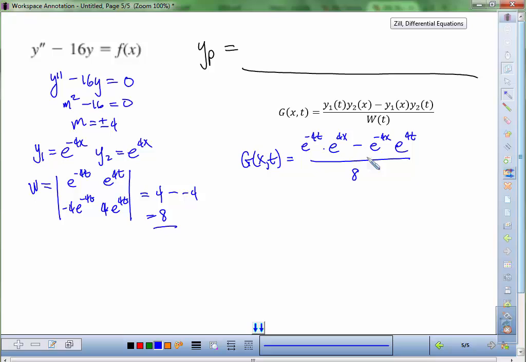Well, it looks like factoring won't make too much sense. But we have exponential functions, right? We could probably write that into one thing.